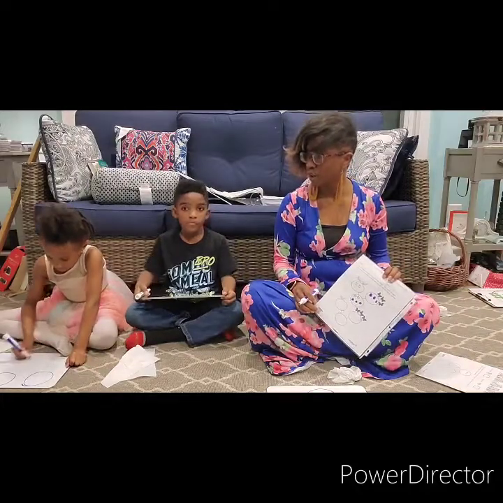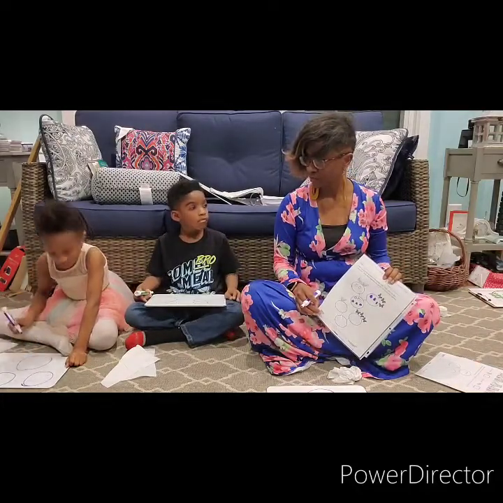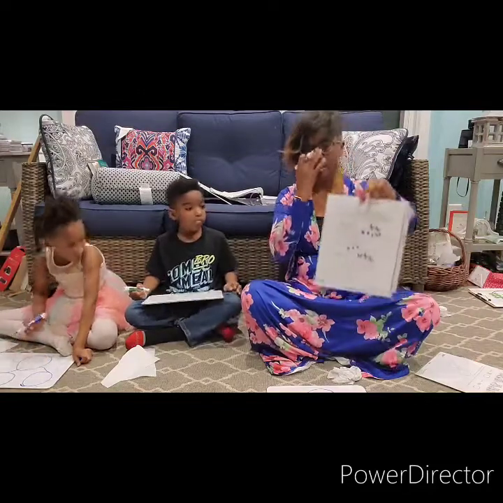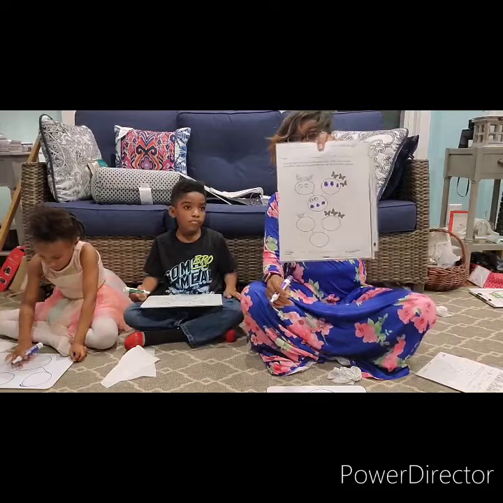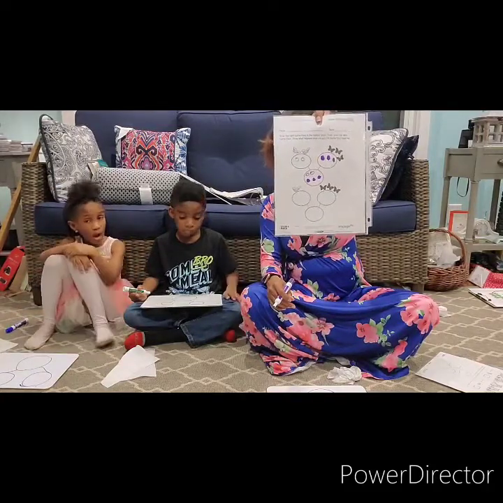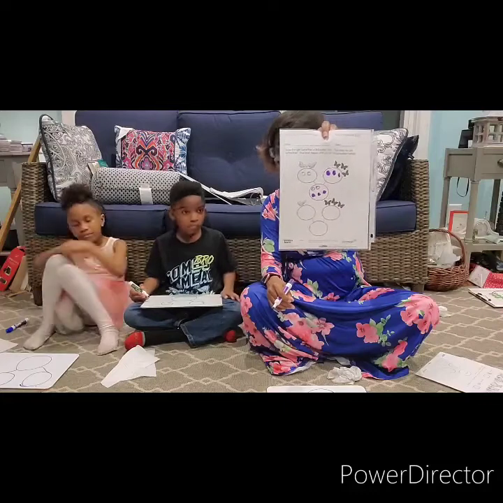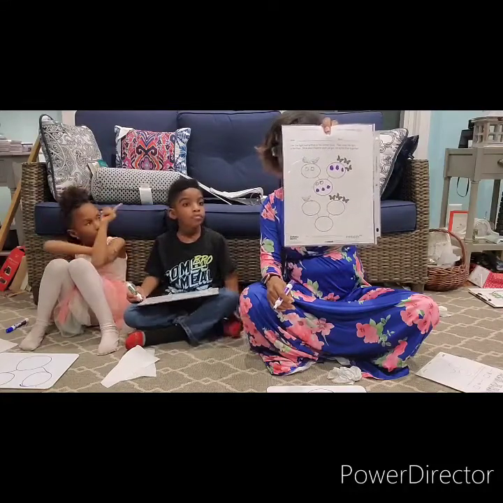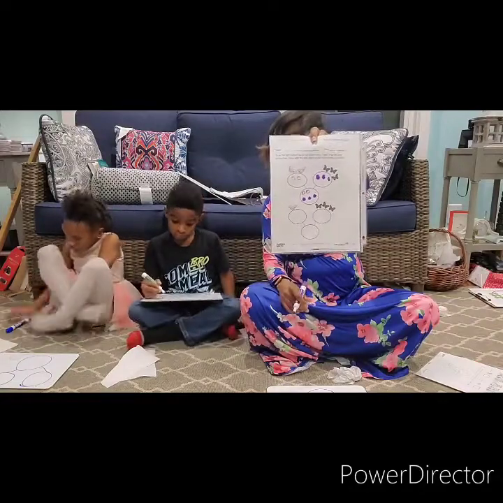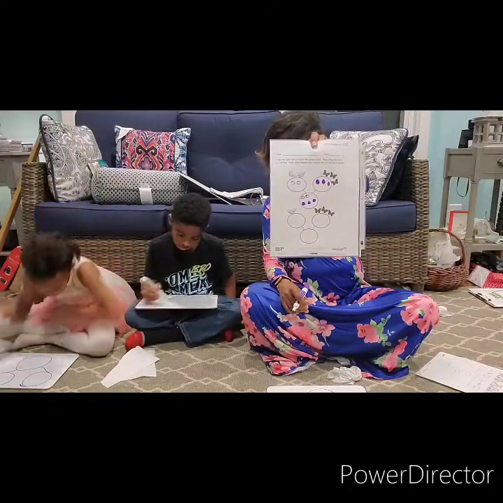This one you will do on your own. Go ahead and connect your lines. All right, so for this one, we have 1 light butterfly and 3 dark butterflies. How many light butterflies? 1. And how many dark butterflies? 3. All right, so while you work, go ahead and show me what you have.